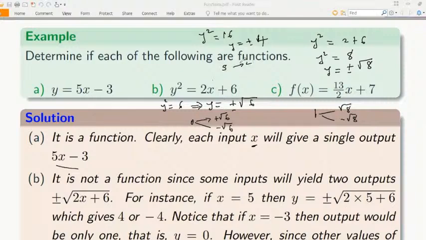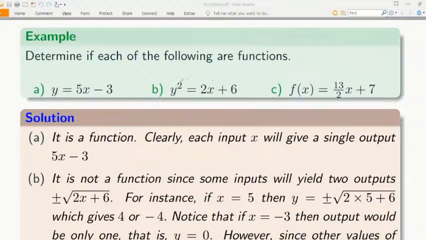One is positive 4 and the other one is negative 4. So a single input has two outputs. That disqualifies this one from being a function, because we say that for a function, each input should give one output. And that's what I've written here. I've said that part B is not a function, saying some inputs will yield two outputs.